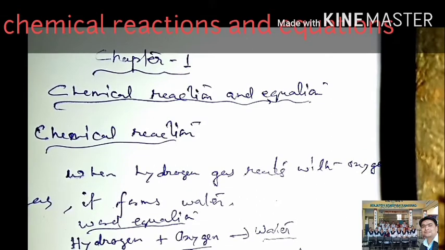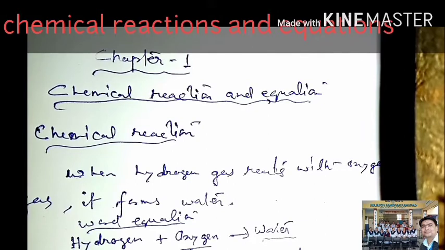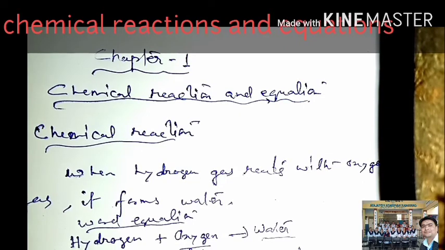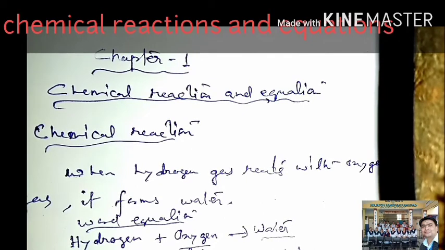A chemical reaction, or you can say the chemical equation, can be balanced simply by the trial and error method. Maybe in the first attempt your equation may not be balanced, but again you try it.